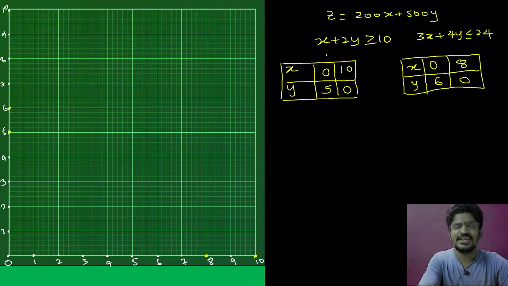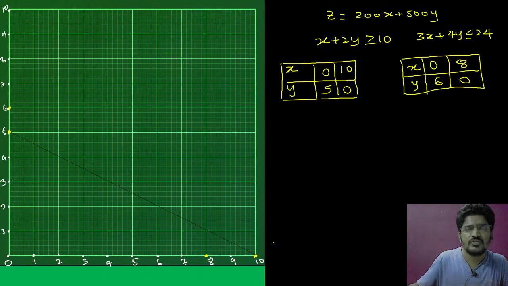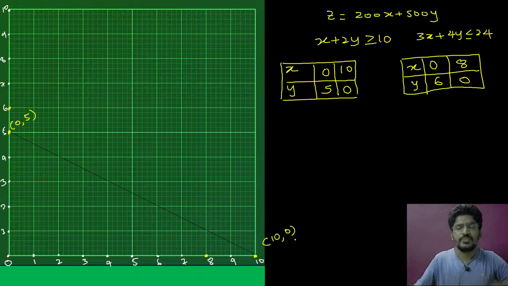Now we have to draw the lines of the equations. I think you got the method of solving x and y for the first equation as well as the second equation. Now we have to go for the graph. On the graph sheet, you just see this is the line. The point is x is 0, y is 5, and here the point is x is 10, y is 0. Okay.